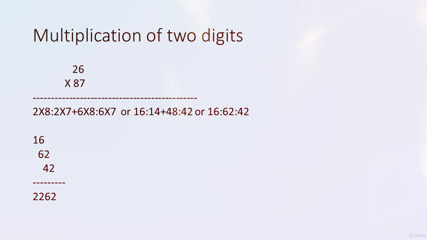Again the middle answer can only have a single digit, so we keep the unit digit 6 of 66 and carry forward 6. This carried forward 6 gets added to the left hand side portion of the answer, that is 16. 16 plus 6 becomes 22. So now our answer is 2262.